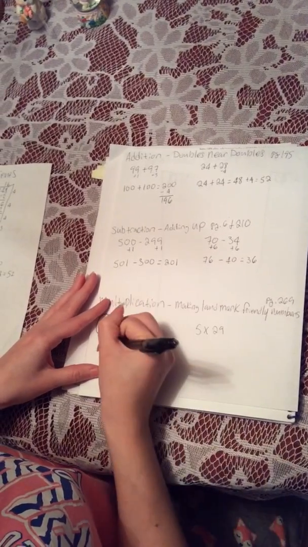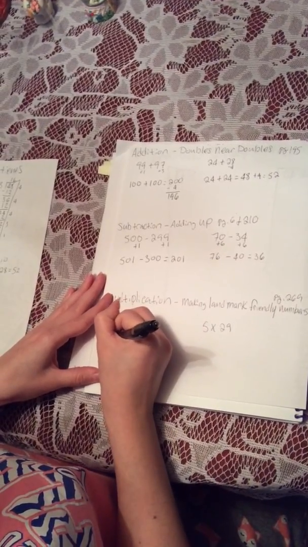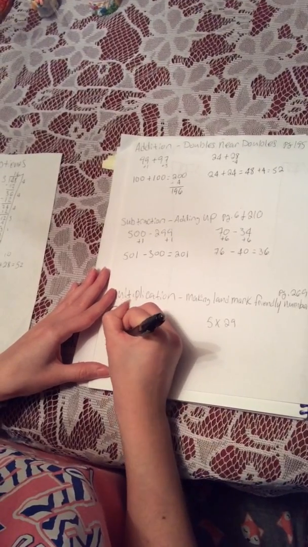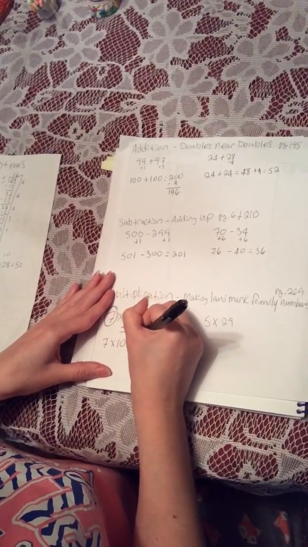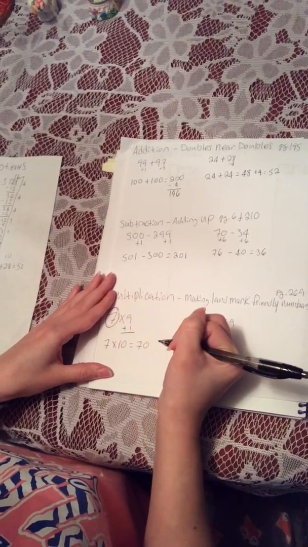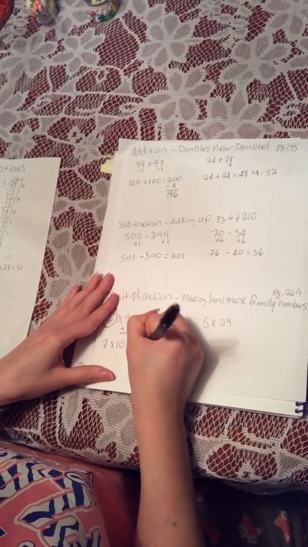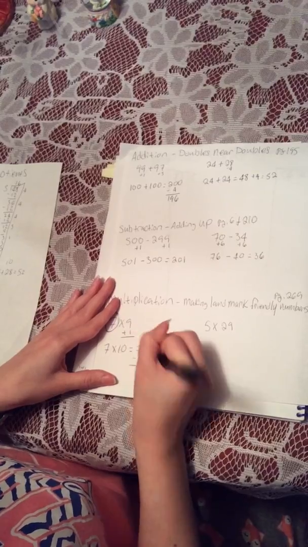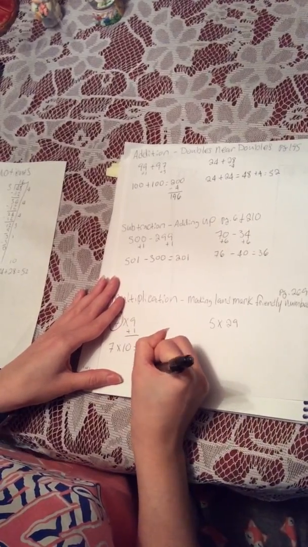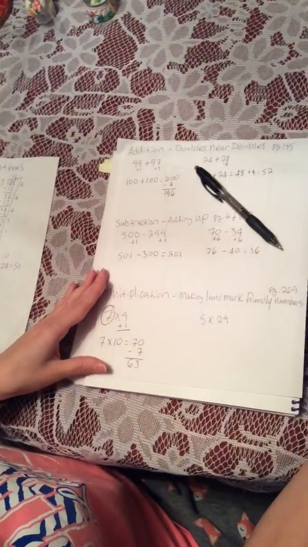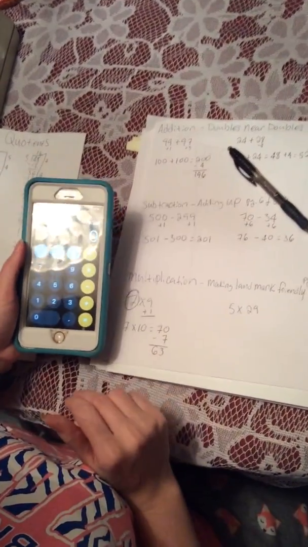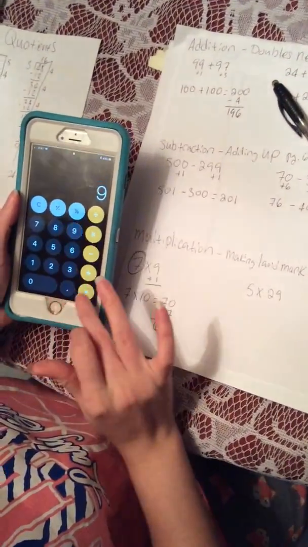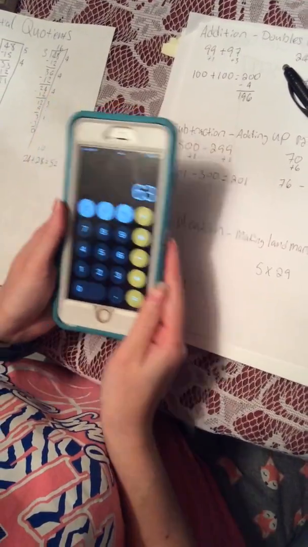So my new problem becomes 7 times 10, which equals 70. So then I take away 7, and that equals 63. So checking my answer, 7 times 9 equals 63.